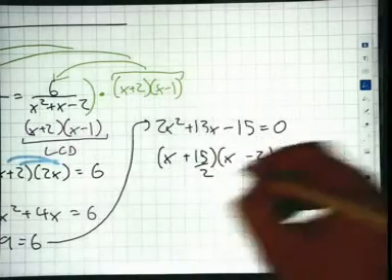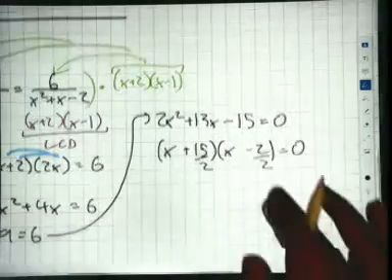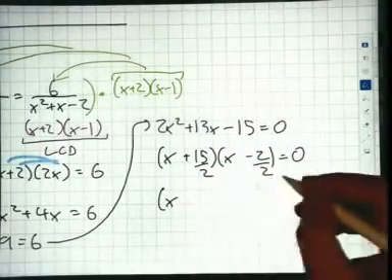But we got to divide these by 2, because we're using the AC method, so that means that we have x.